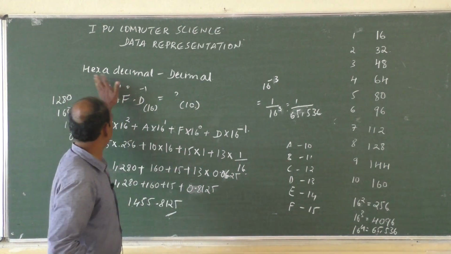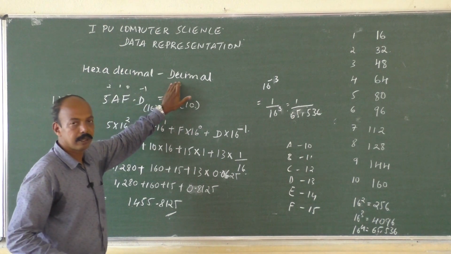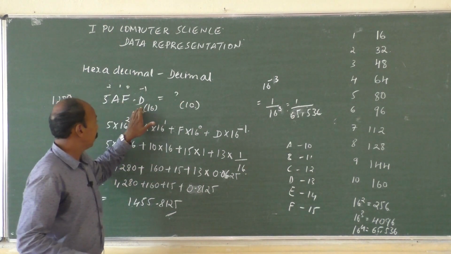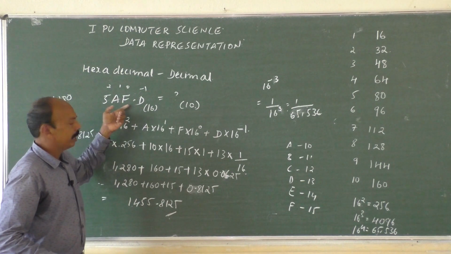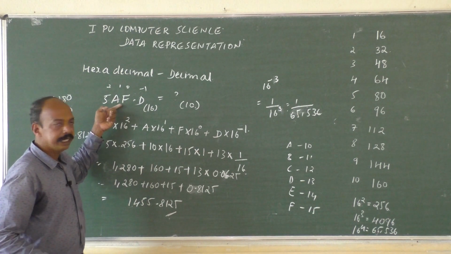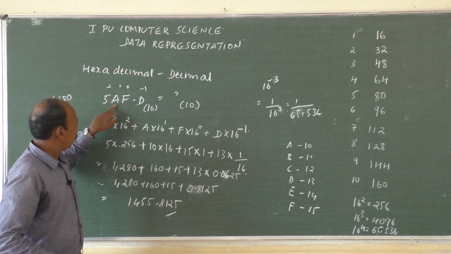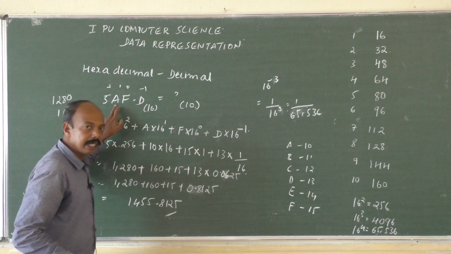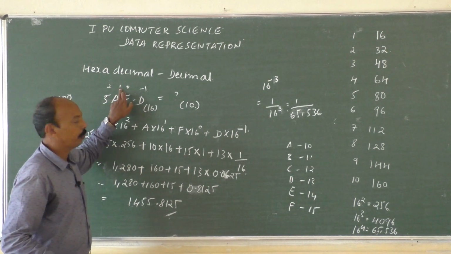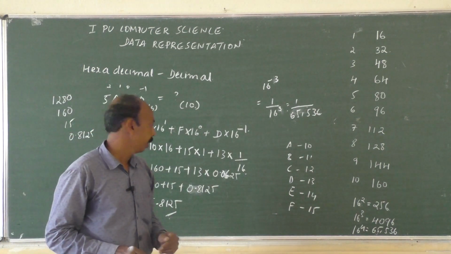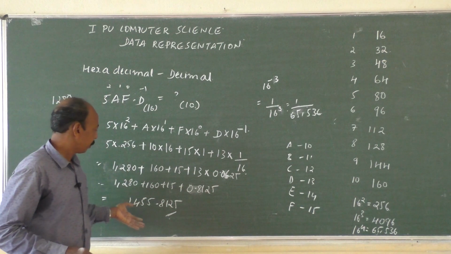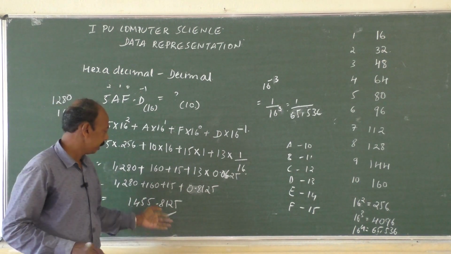When converting from hexadecimal to decimal, for 1 to 9 no problem, but if you have A, B, C, D, write its equivalent in decimal, then with respect to positional values multiply with 16 to the power, then add it up, and you will get the answer. This will be the final answer.